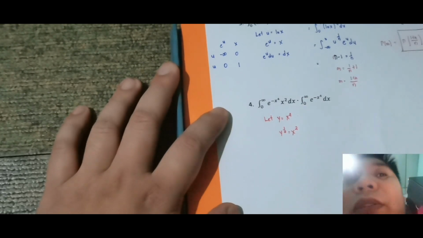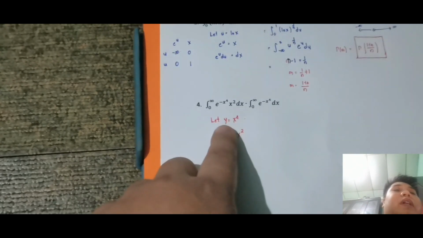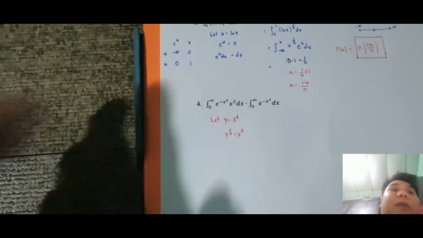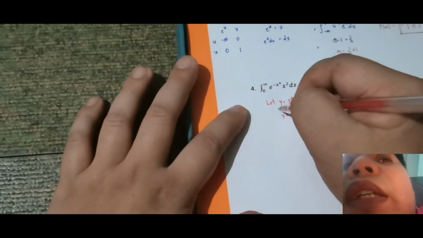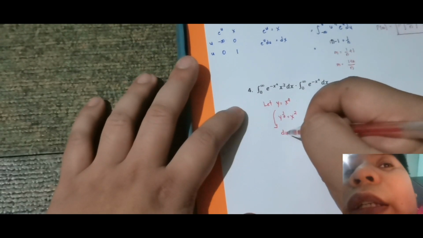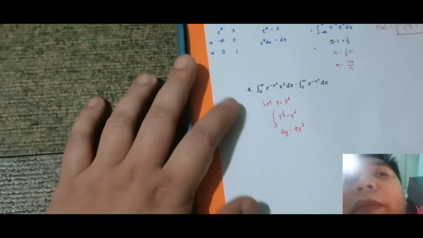Yung x squared natin is y raised to 1 half. Tama ba? Kung yung y is equal to x to the 4th, yung x squared natin is y raised to 1 half. Tama naman kasi kalahati lang. Okay, next is syempre mula dito, i-derivative natin, that is simply dy is equal to 4x raised to 3.